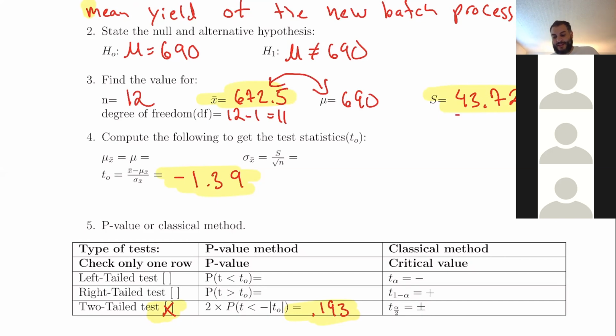But the standard deviation is 43.72. So that's why it's not a significant difference. Yes, there is a difference of 18, but since the sample standard deviation is such a high sample standard deviation, it's telling us you should expect variation. So that's why this difference of 17 is not that significant.